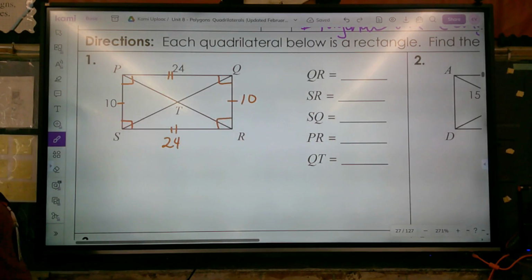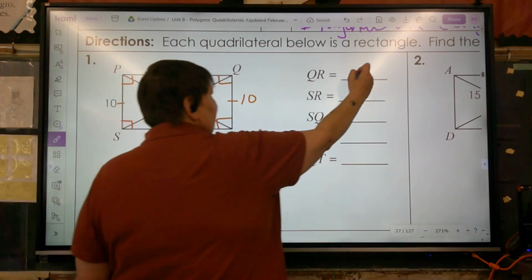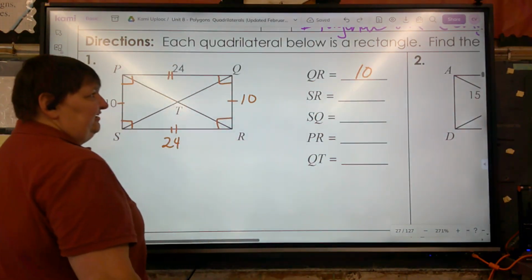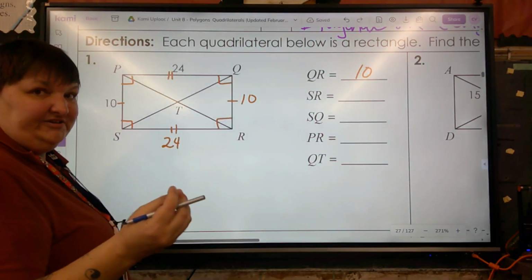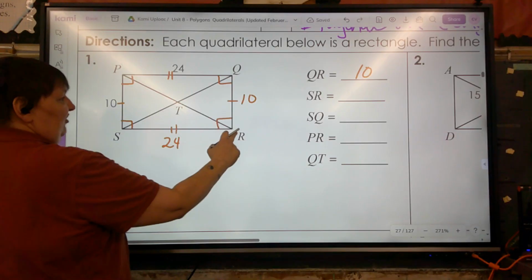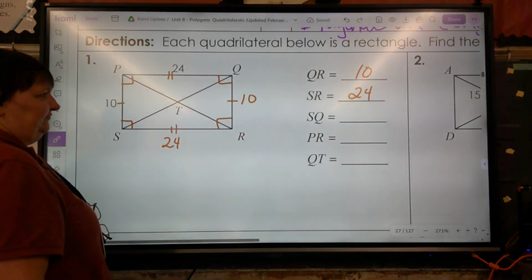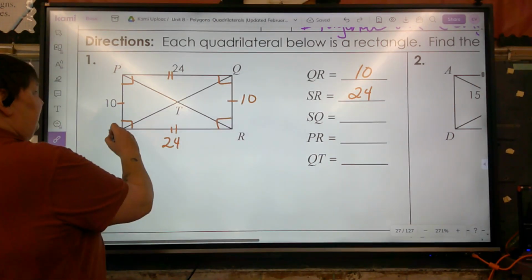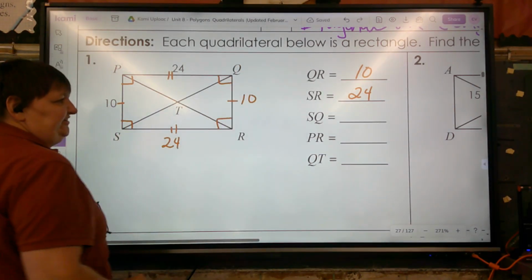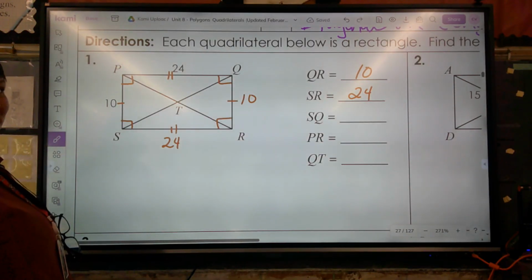Let's see how many of them we can answer. QR is 10. Q to R is 10. And because it's distance, we don't need the degree symbol. S to R, 24. S to Q, we don't know what that one is yet. We will, but we don't yet.